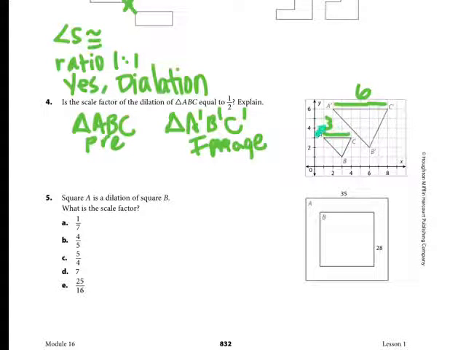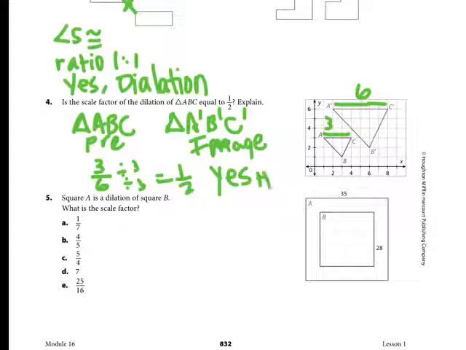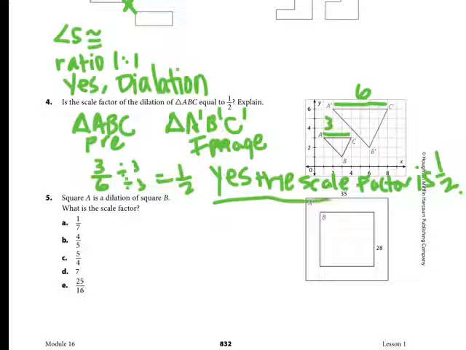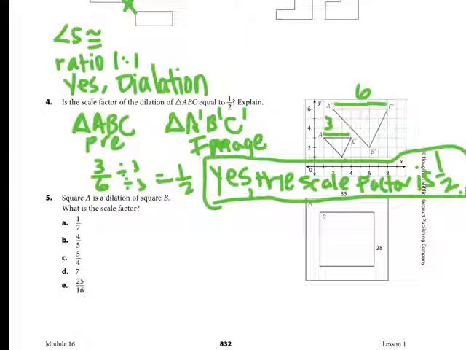So this one goes first at the top, this one goes on the bottom. So we're going to write 3 over 6, and if we divide them both by 3, we end up with 1/2. So the answer is yes. The scale factor is 1/2. Okay, make sure you're answering in a complete sentence. No half sentences, please. Okay.